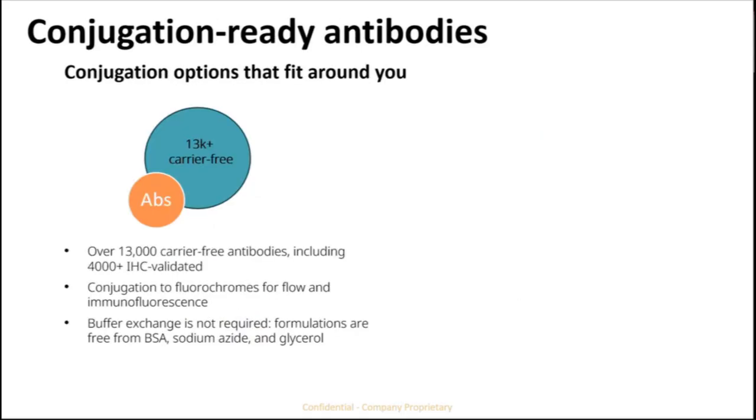So for this, we have our carrier-free antibodies that do not contain any BSA, sodium azide, or glycerol. And importantly, these carrier-free antibodies are supplied at an optimal concentration of 1 milligram per ml so that they can be used directly with our Lightning-Link conjugation kits or the conjugation kits from other suppliers.